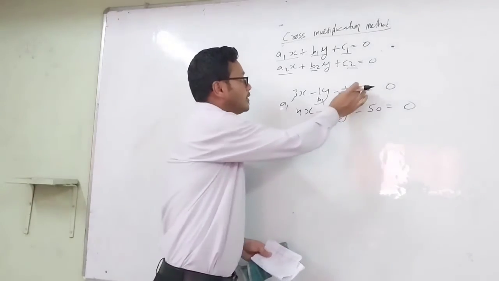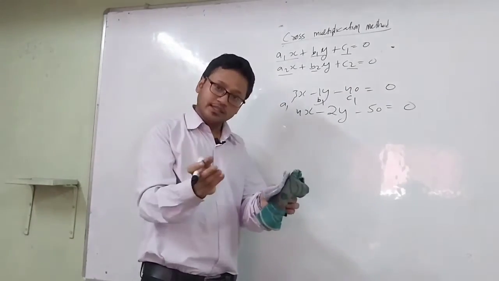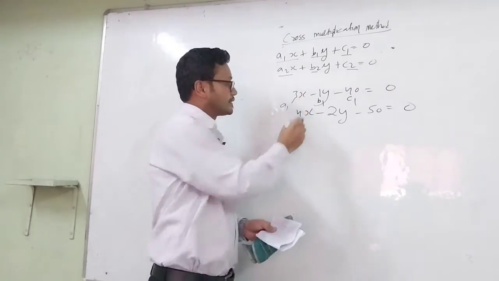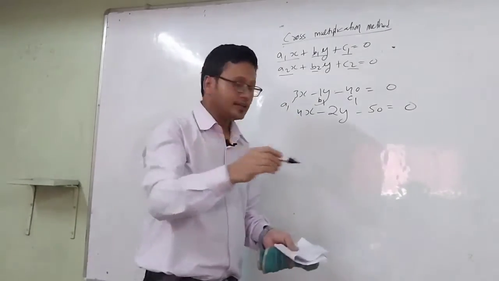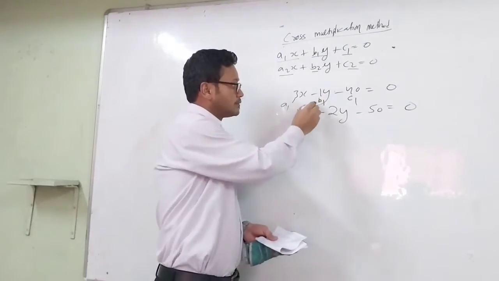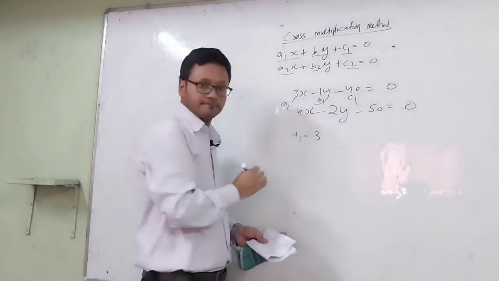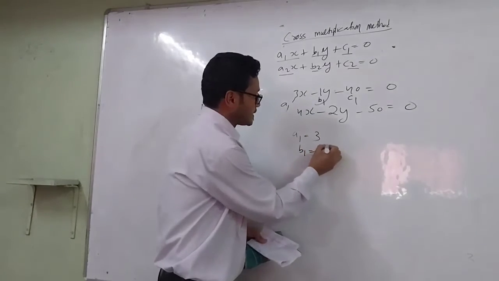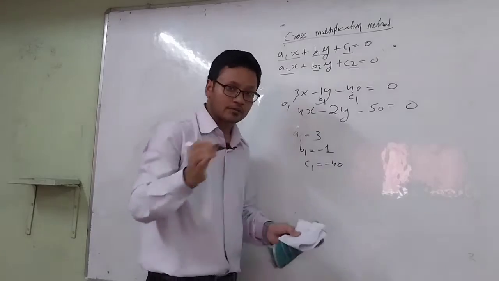Understood? So a1 is 3, b1 is minus 1, and c1 is minus 40. You have to write it with the sign.